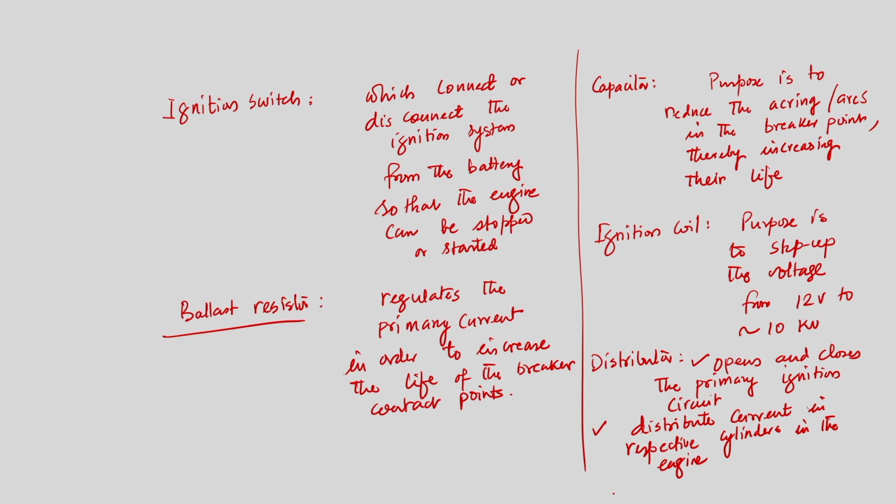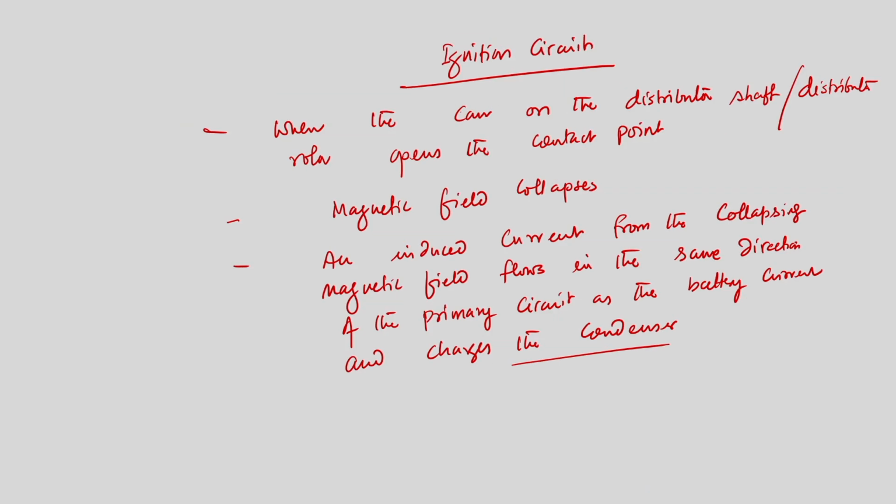So, we have understood that using a small battery voltage, of the order of 12 volt, this circuit can create a voltage of the order of 10 kilovolt, which is good enough to break the spark gap in the spark plug, and ultimately ignite the charge in the cylinder.